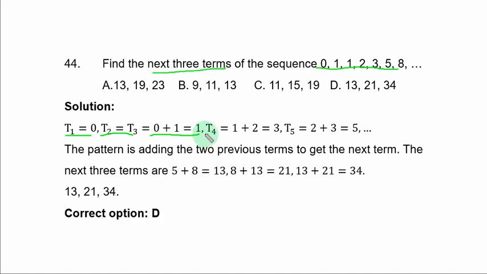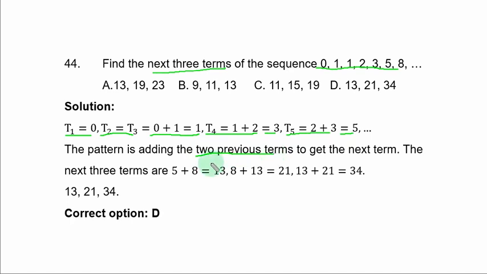Now the fourth term is the third term plus the second term, that is 3. The fifth term is the fourth term plus the third term, that gives 5. What that means is that the pattern is adding the 2 previous terms to get the next term.